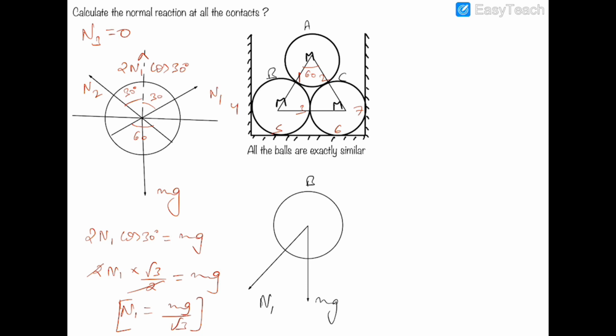Now there will be a normal reaction N4 acting towards the right side, and there is no normal reaction at contact number 3, but there will be a normal reaction N5 acting just upwards.